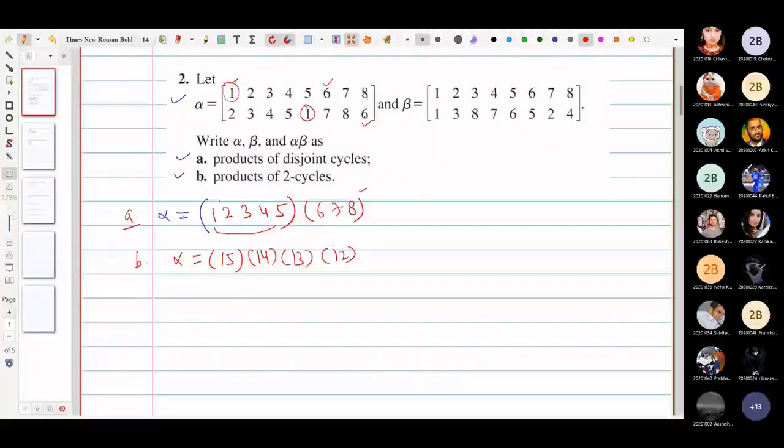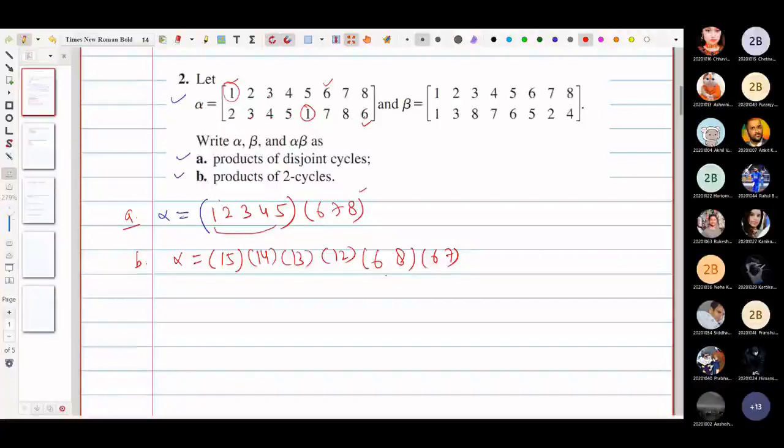So if you are writing some permutation as a product of two cycles, the representation may not be unique. I may write something else, you may write something else. You may simply swap these two. Then we can write 6 8 and then 6 7. So this is one way how we can write it.